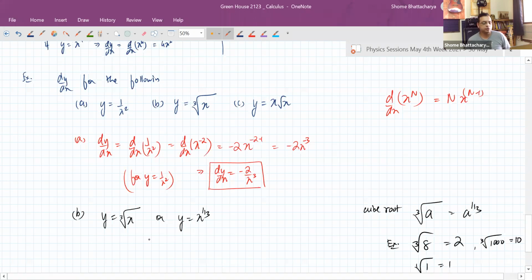So like that, this is cube root of x. So differentiation of y with respect to x is differentiation of x to the power 1 by 3. So that is 1 by 3 into x to the power 1 by 3 minus 1.